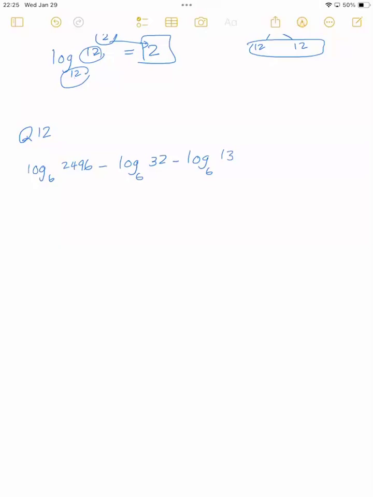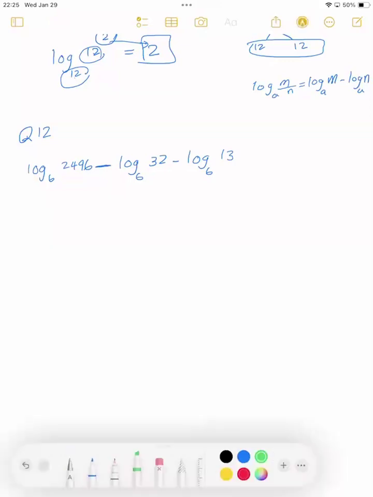So every time you have a subtraction, you can write this as a division. So we have this property that says log base a of m over n is log base a of numerator minus log base a of the denominator. So just let's look at two terms at a time. We are going to look at these two.